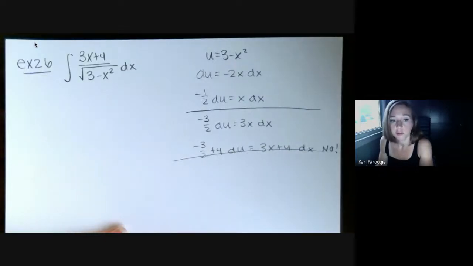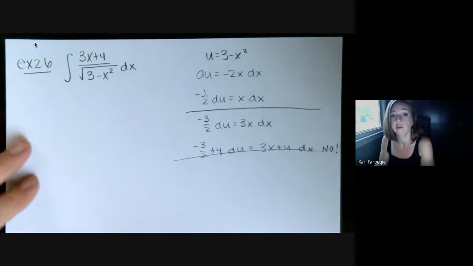You can multiply and divide all you want to create the dx piece that you need, but you can't add to it. So what you can do is split this integral up into 2 separate integrals, and that's what you're going to have to do.